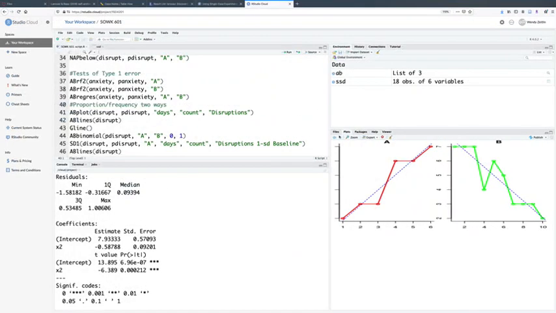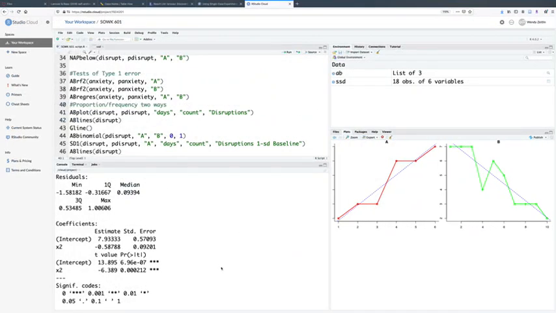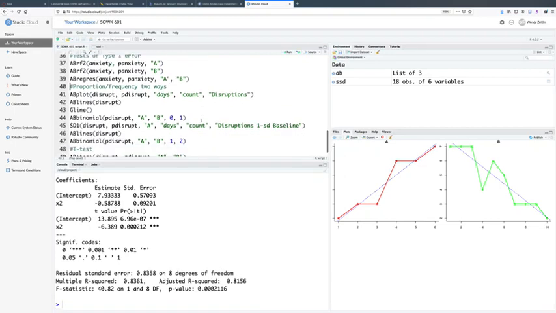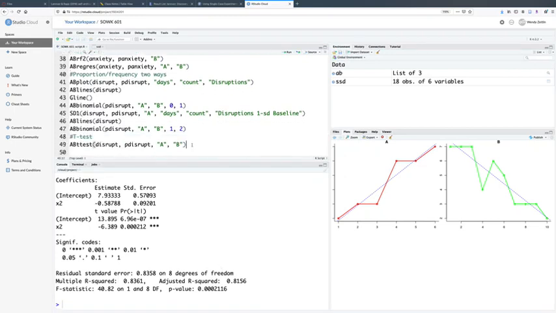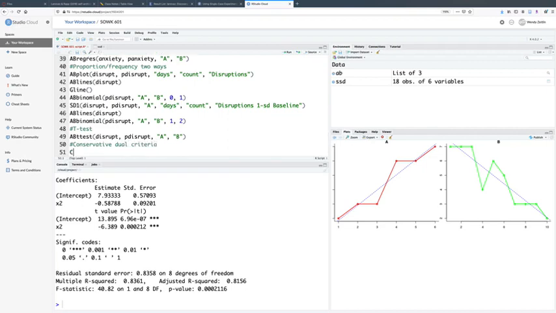So we're going to stick to the CDC, and because we want the behavior to decrease, we are going to want to use the command CDC below. So we're going to say conservative dual criteria, and in our case it's CDC below. Now I'm not going to do one for above because that doesn't make any sense in this case.